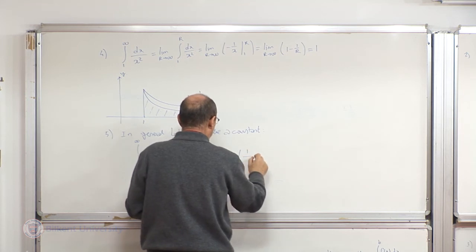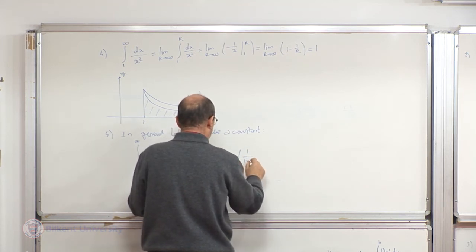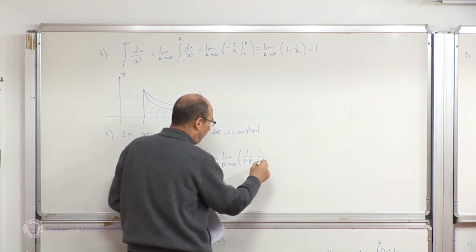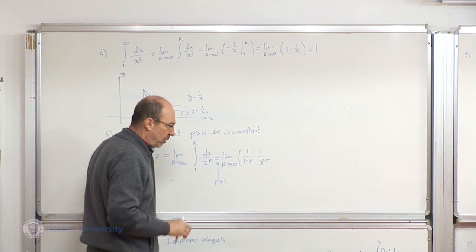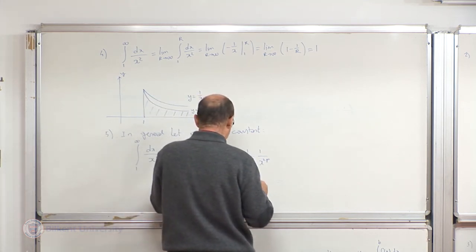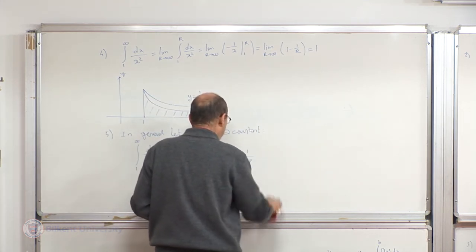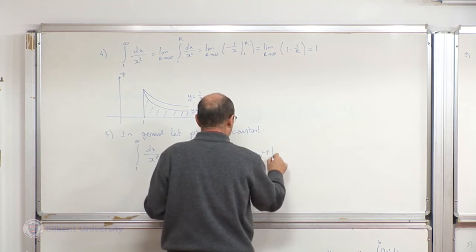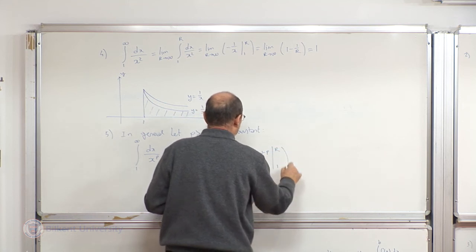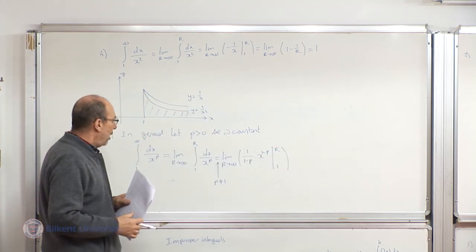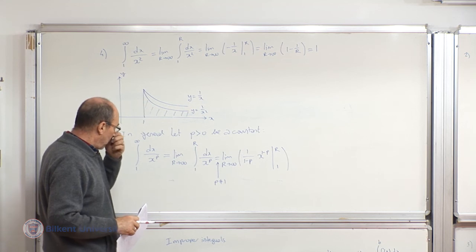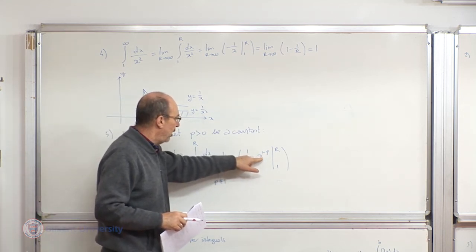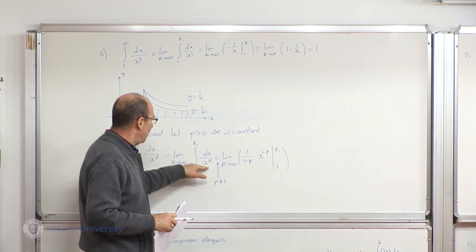So this is 1 over 1 minus p, x to the 1 minus p, from 1 to r. So we take the derivative of this, 1 minus p cancels this, I subtract 1, I have x to the minus p, which is precisely this thing.